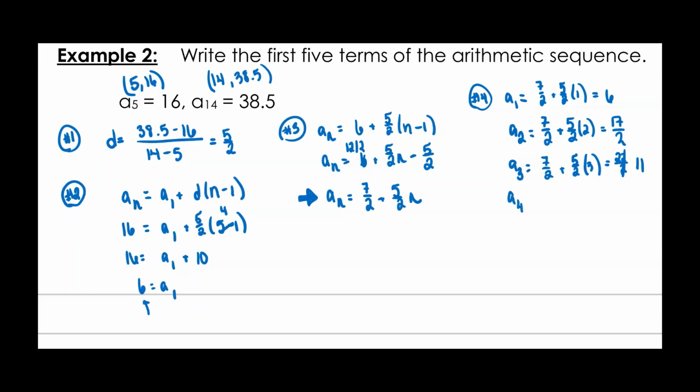Okay, a sub 4, 7 halves plus 5 halves times 4. That's going to be 27 over 2. And then a sub 5, they gave that to us, so I'm not even going to waste my time with that, and we get 16. Writing that out as a nice list, we would have 6, 17 halves, 11, 27 halves, and 16.